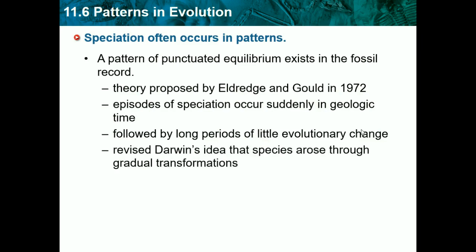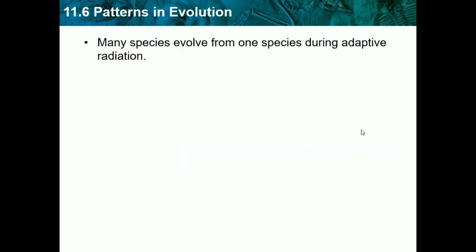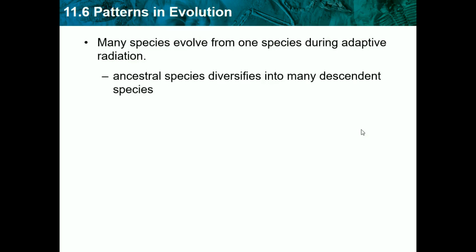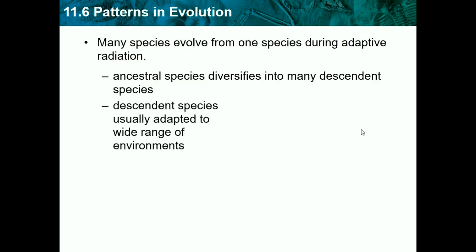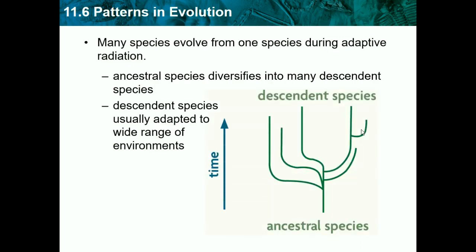This revised Darwin's ideas that species arose through gradual transformations. Many species evolved from one species during adaptive radiation. Ancestral species diversify into many descendant species. Descendant species usually adapt to a wide range of environments because they all live in different spots. So here we have the ancestral species.